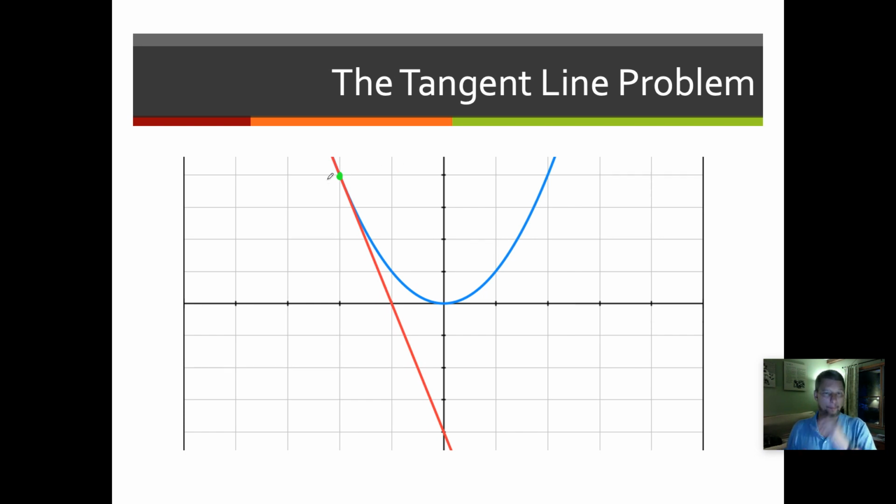If the y value here is 4, the y value here is 0, so 4 minus 0 is 4, and then this is -2, and this is -1. So -2 minus -1 is -1. 4 over -1 is -4. So the slope of the red line, the tangent line, in this particular picture is -4.